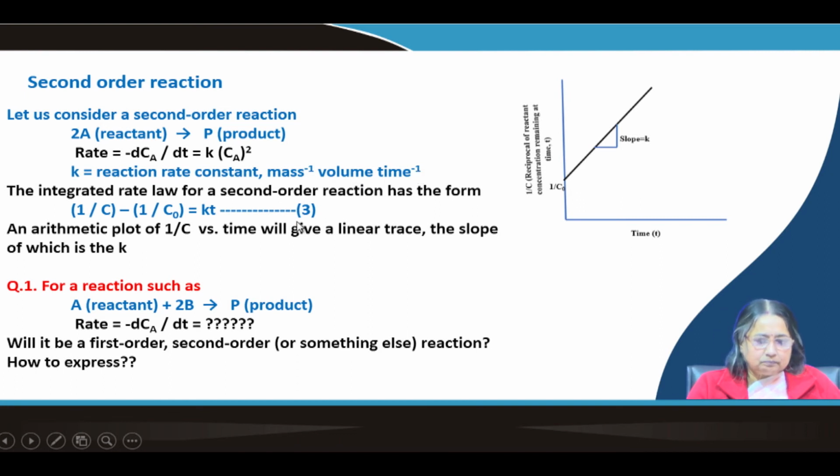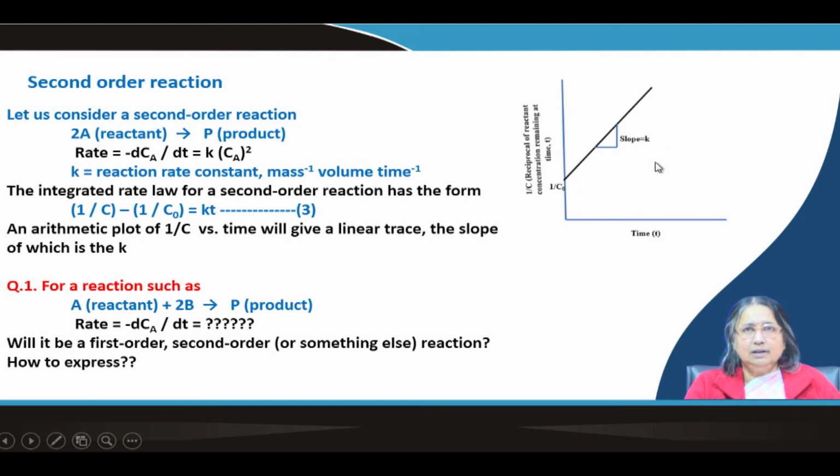Okay. Now, for the second order reaction, this is the integrated rate law. If you plot 1 by C on the y axis and time on the x axis, then you will get a straight line with positive slope. The cutting point is 1 by C0.